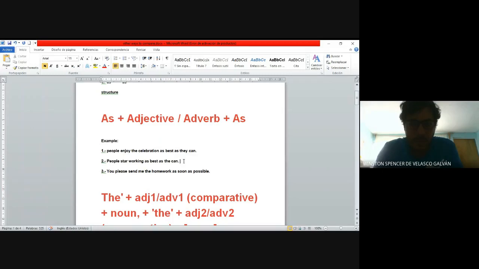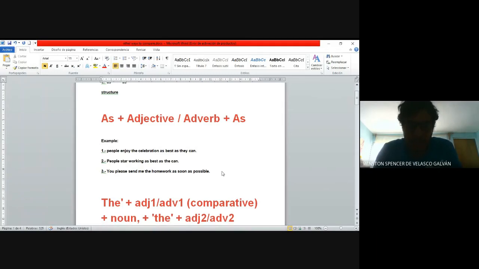We got another sentence. People start working as best as they can. La gente empieza a trabajar lo mejor que ellos pueden. Number 3. You, please send me the homework as soon as possible. Tú, por favor, envíame la tarea lo más rápido posible.